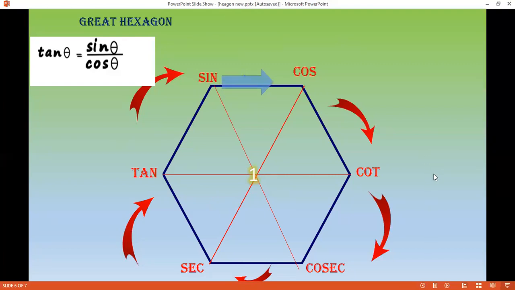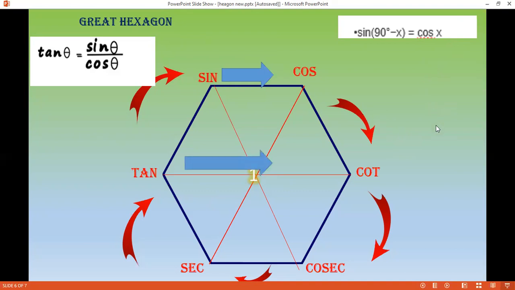Any other things? Observe this arrow mark and guess. Come on. Any guesses? Yeah, very good. You observe here, sine of 90 minus theta, or 90 minus x, is equal to cos x, right? Now, if you go on drawing along horizontal lines, you get tan of 90 minus x is equal to cot x.